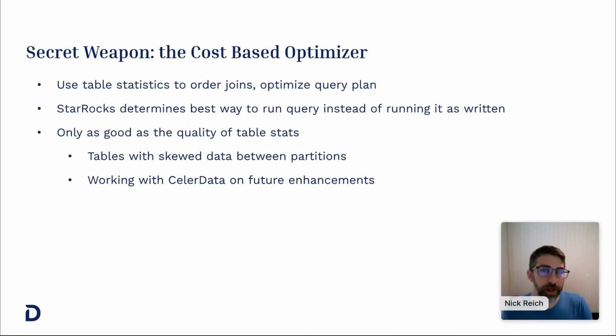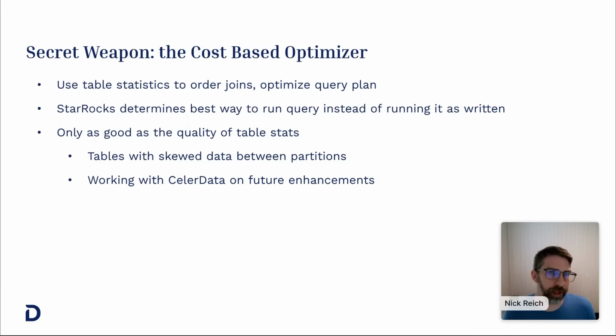And then finally, the secret weapon, that cost-based optimizer I talked about before, using the table statistics to reorder those joins and optimize the query plan. It made it so that we didn't have to be rewriting queries, specifying orders for joins, because the StarRocks engine would figure that out for us and rewrite the queries in a way that was more optimal, meaning that we spent way less time trying to optimize the queries after we had translated them.